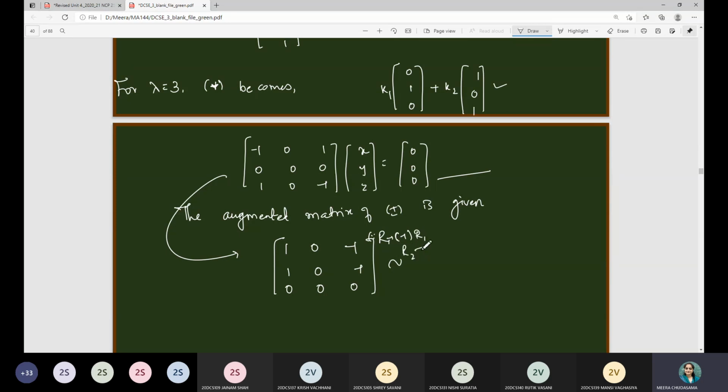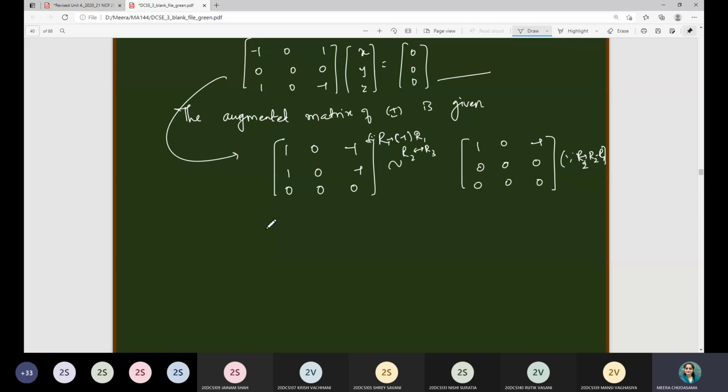And R2 and R3 are interchanged. After that, I will perform the operation on R2, that is R2 minus R1. So this is now in row echelon form, and now you can judge which element I will take as the independent variable. Tell me.